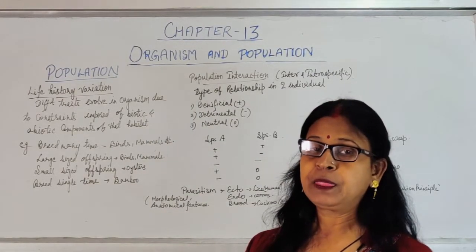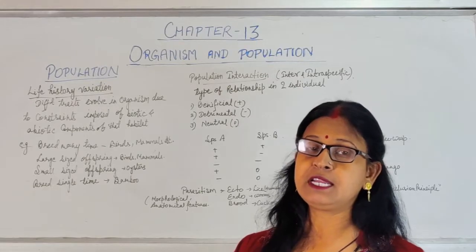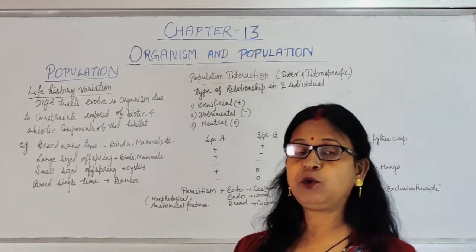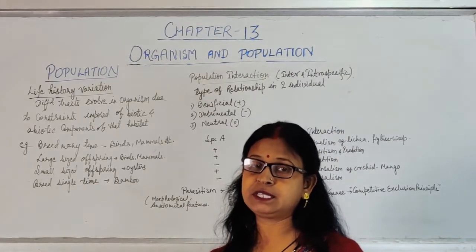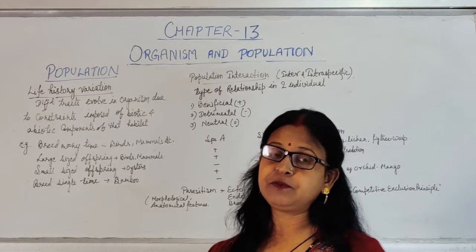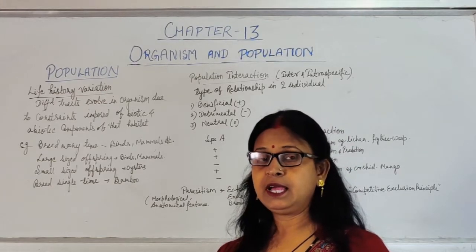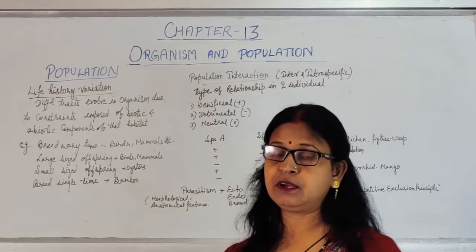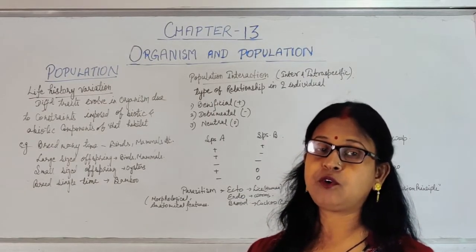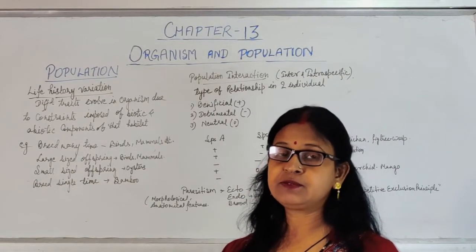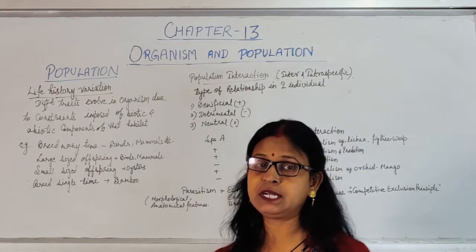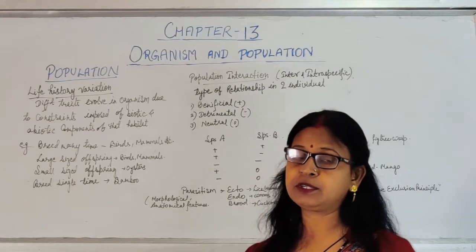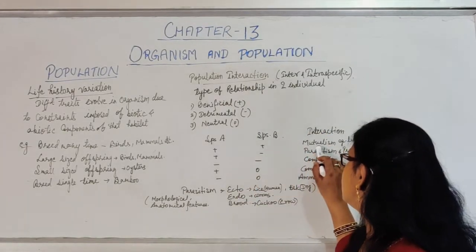In lichen, the relationship exists between algae and fungi, where both benefit. Algae prepare food for the fungi, and the fungi help in absorbing water and minerals, even penetrating rocks. In this way both give benefit to each other. That's why such an association is known as the beneficial, or positive, type, that is mutualism.